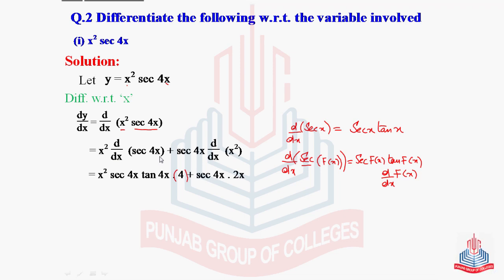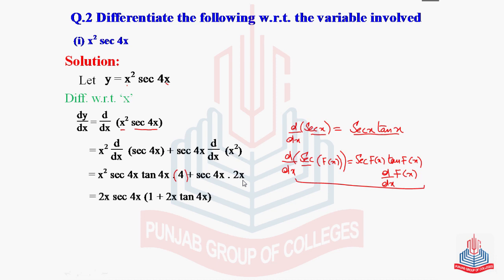So finally we have the derivative of secant 4x will be secant 4x tangent 4x by using this basic result, and then the derivative will apply on the angle, which is explained from here. Now in the next part, secant 4x will be as it is and the derivative will apply on x square, which is 2x.